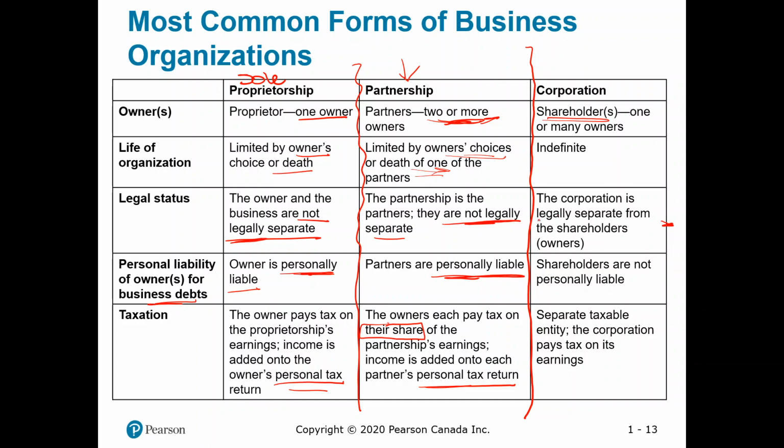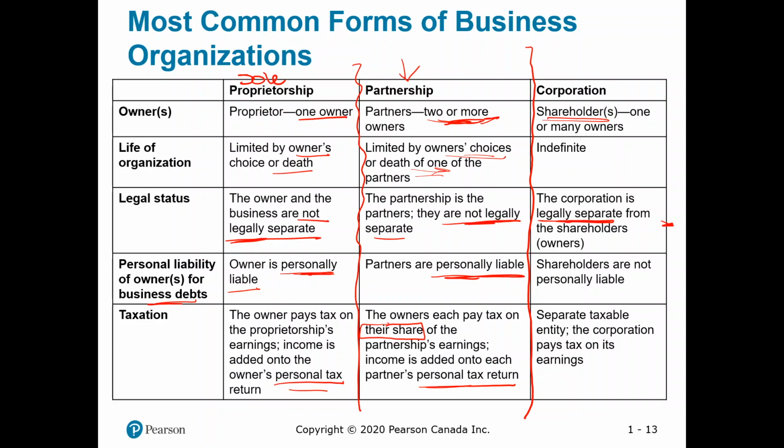Corporations are legally separate from their shareholders. So in order to incorporate a business, you actually go to registries, you file incorporation documents, which are legal documents, and you start up that corporation. So it is legally separate.